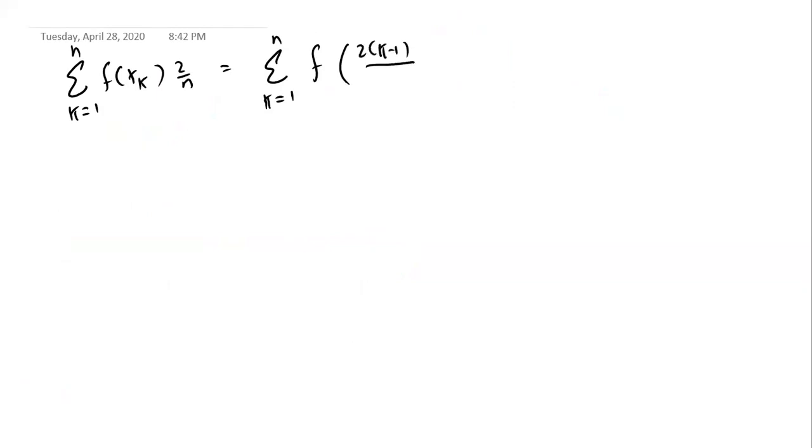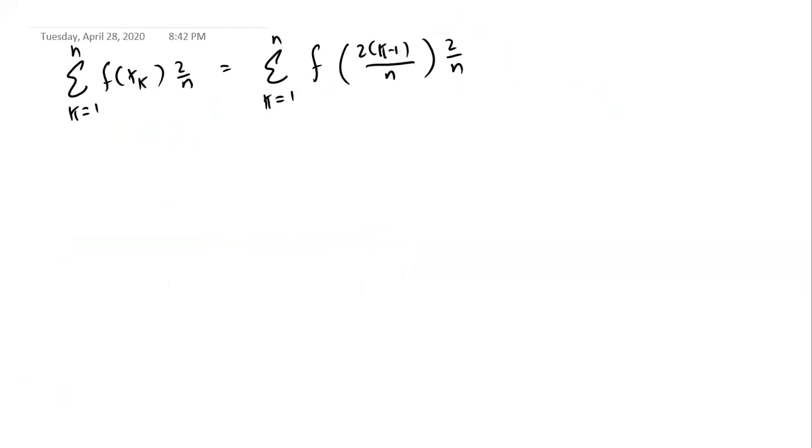So what does this mean for us? This sum, k equals 1 to n of f of x of k, so changing x was already 2 over n, becomes the sum, k equals 1 to n of f of what? Well, we already wrote x of k in terms of the indices. This was 2 times k minus 1 over n times 2 over n.